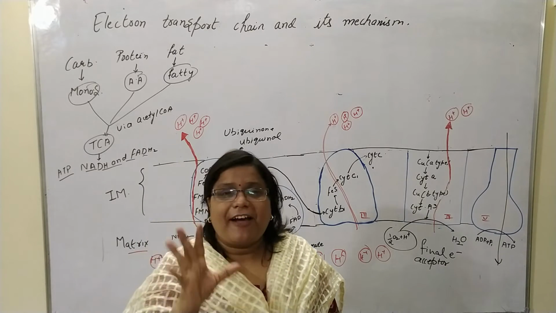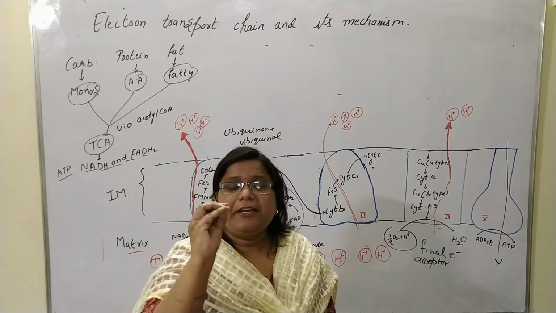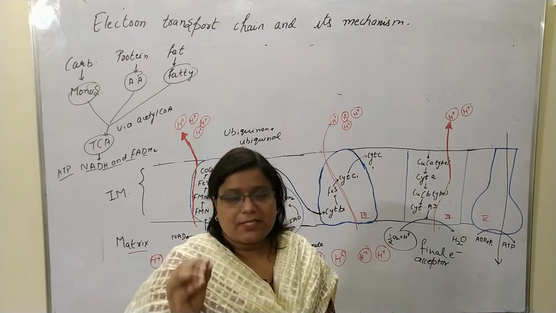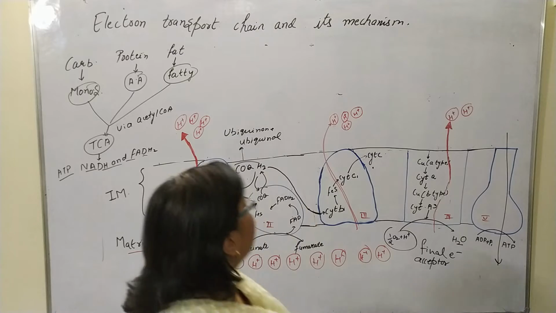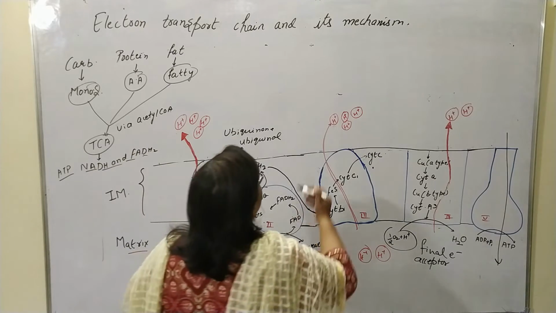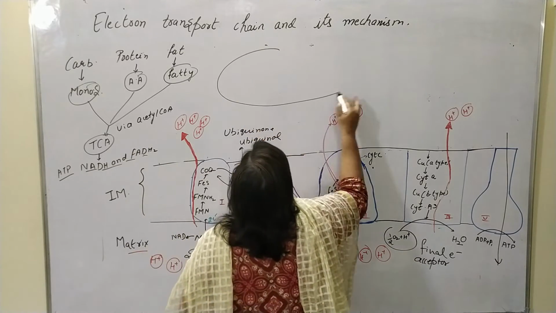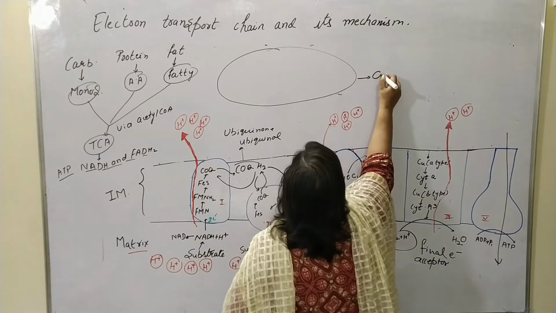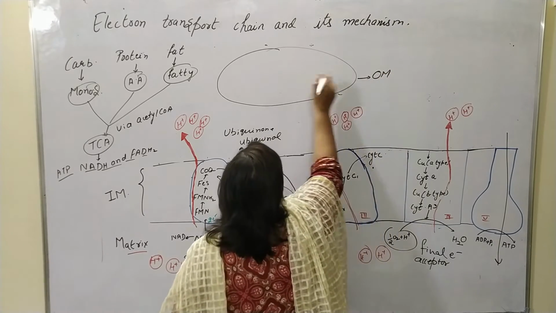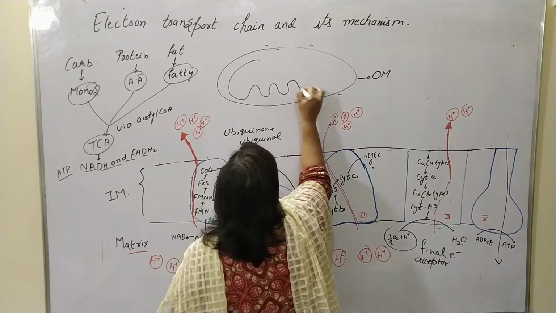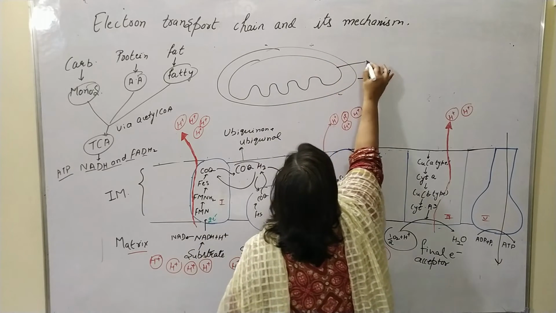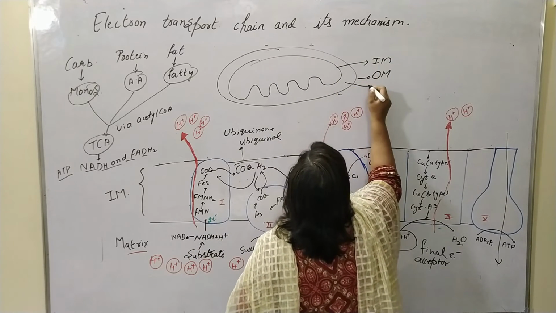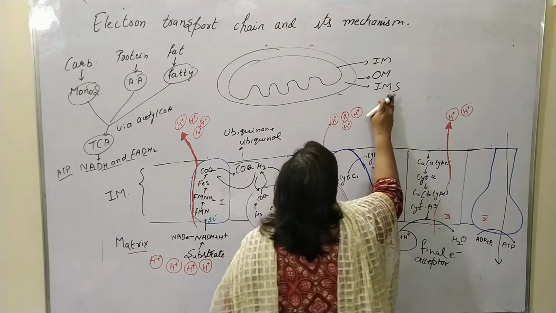Now, this electron transport chain takes place through different enzyme complexes. These are 5 complexes embedded in the inner membrane. First, we look at the structure of the mitochondria. This is the outer membrane of the mitochondria, and this is the inner membrane, and this is the intermembrane space, the IMS.